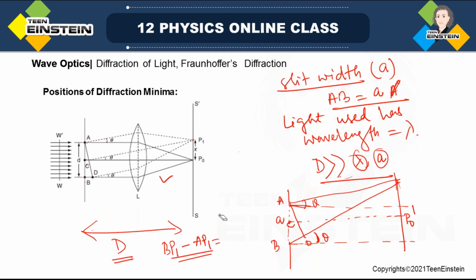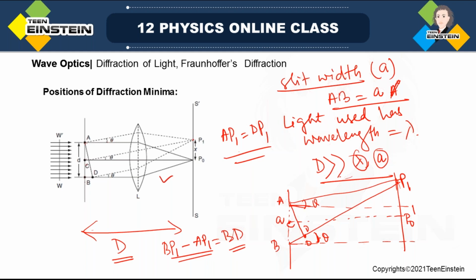This much is the difference. Why is it so? This particular point is D. DP1 and AP1 are of the same length, AP1 is equal to DP1. Only this much is the difference, so if I find the length BD, then my things are done.